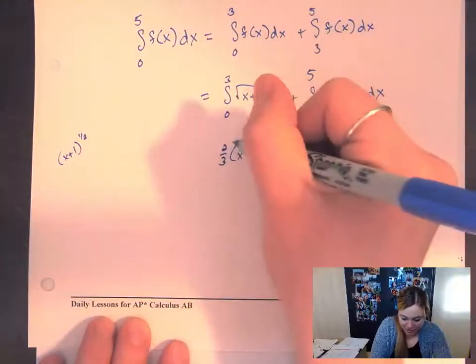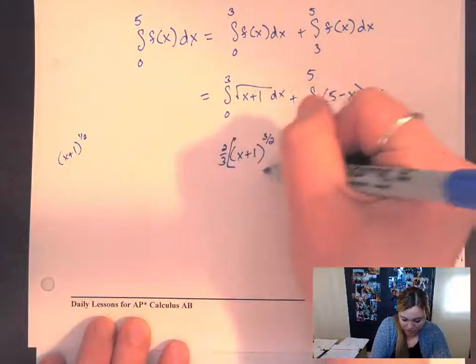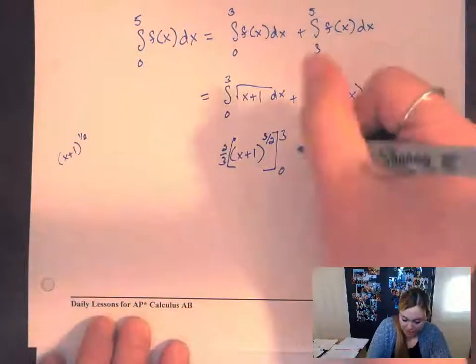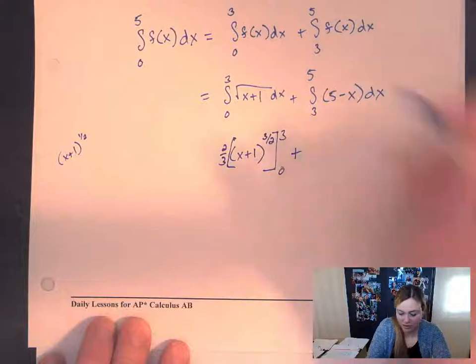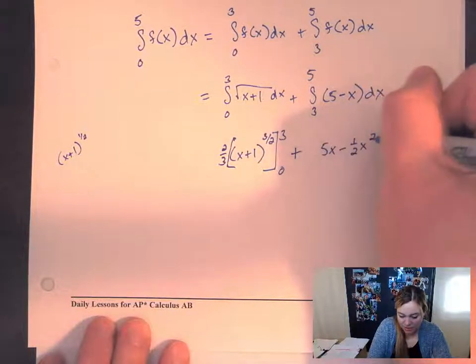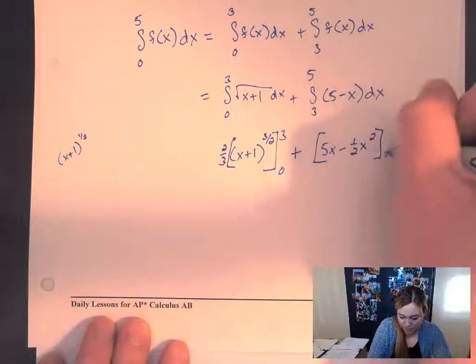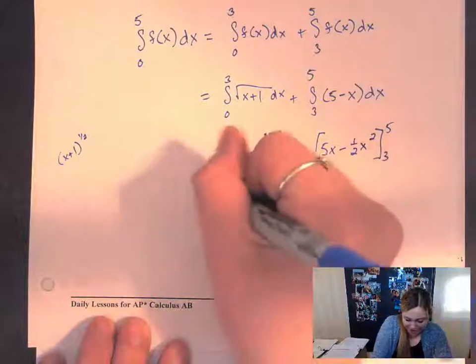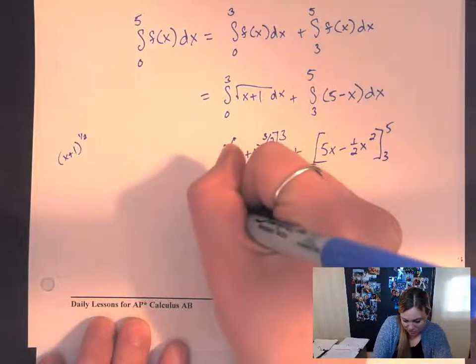I'm going to integrate this. I can bring the coefficient out in front, so I'm just going to integrate from 0 to 3, multiply by 2/3 at the end. Same thing over here. The antiderivative would be 5x minus 1/2 x squared. F of b minus f of a, so I had up 2/3.